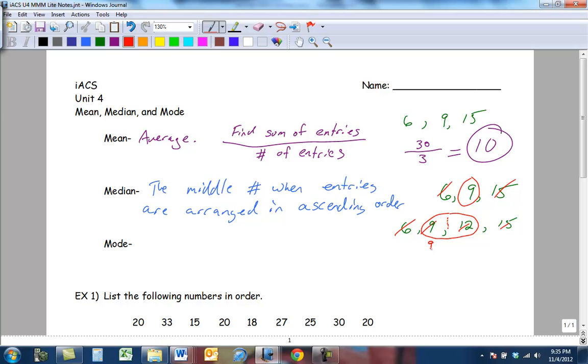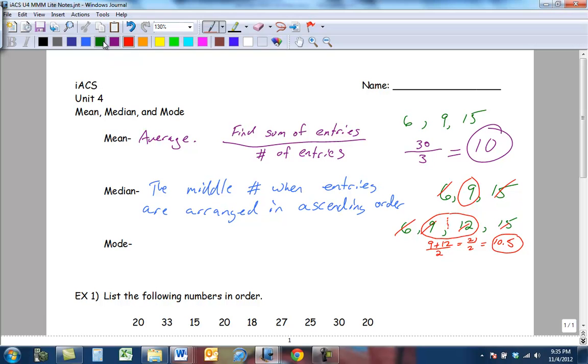So in this case, 9 plus 12 divided by the number of entries. There's 2 of them. So 9 plus 12 is 21 divided by 2, which is 10.5. If there's an even number of numbers, you're going to have to find the 2 middle terms and find the average of the 2 middle terms. If it's an odd number of entries, it's just that middle term.